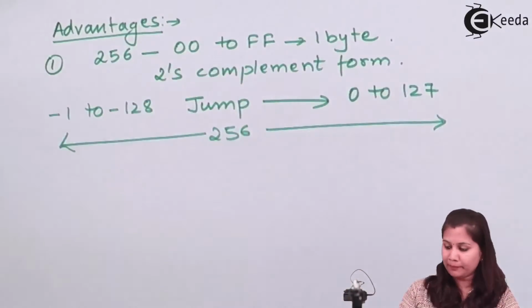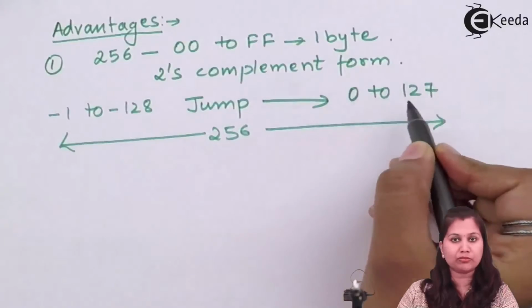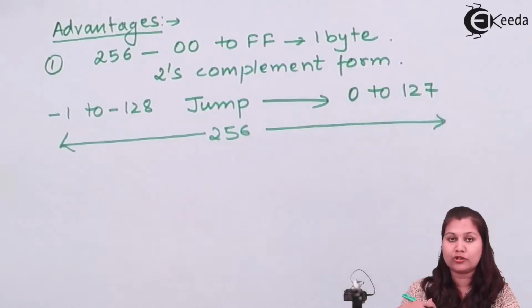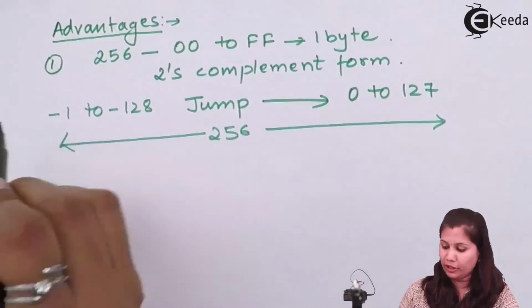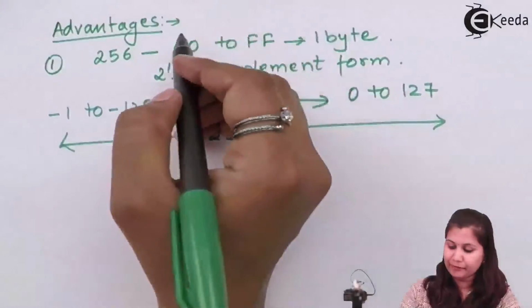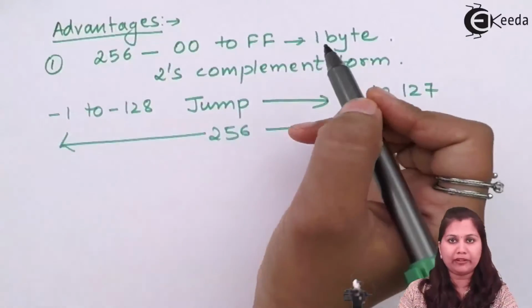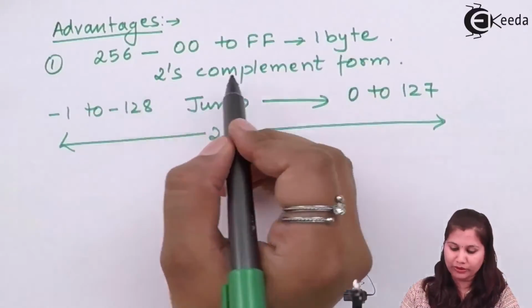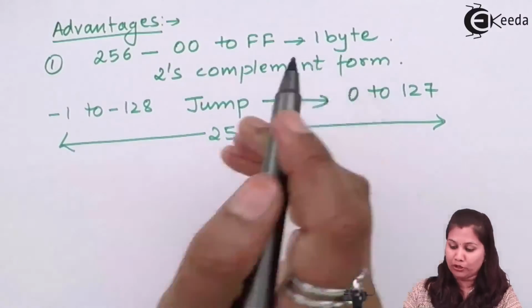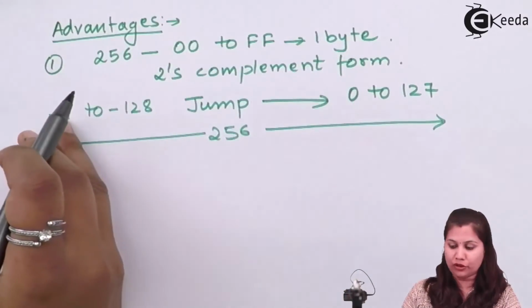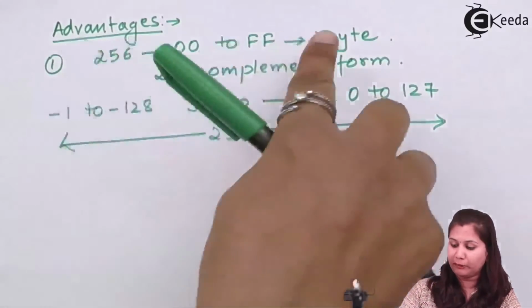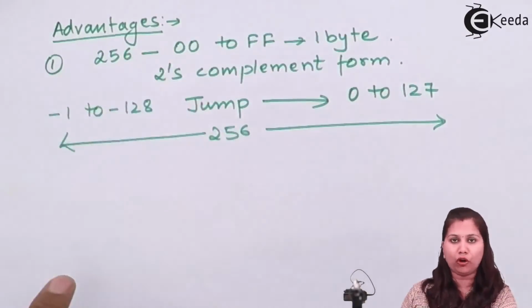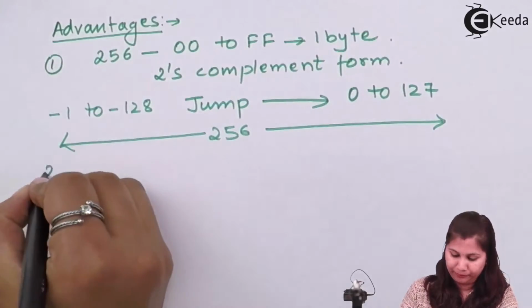After this jump instruction we can use this much memory locations for the jumping operation, and before this jump instruction we can use this much memory locations. Total 256 is there, so only a 1 byte address we have to provide, and that also in the 2's complement form. So that is the advantage of relative jump, because this instruction requires only 2 bytes, 1 byte for the address and 1 byte for the opcode of the jump instruction.